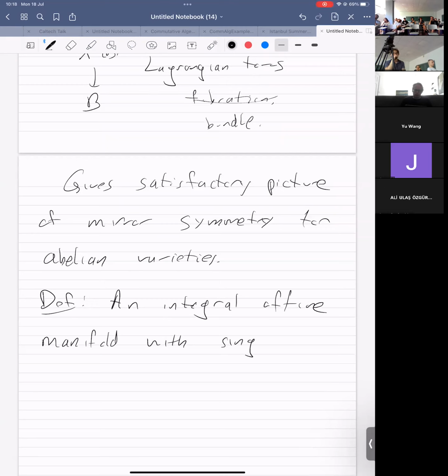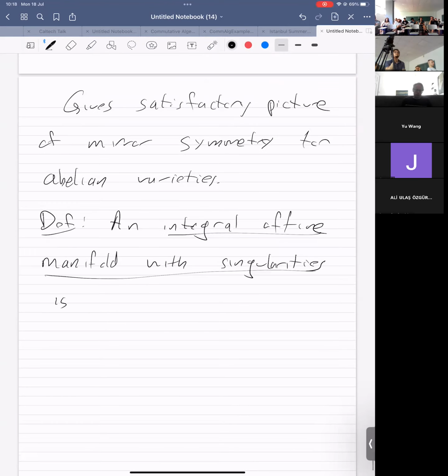with singularities is a manifold. I'm going to put maybe a question mark under this, because in general, it could be slightly weaker than a manifold.